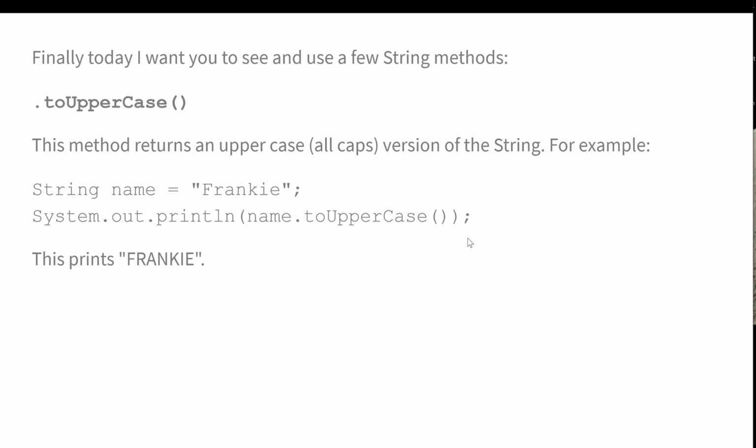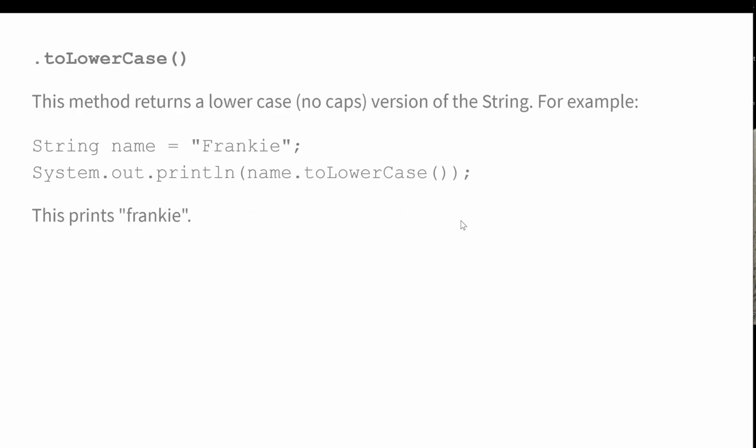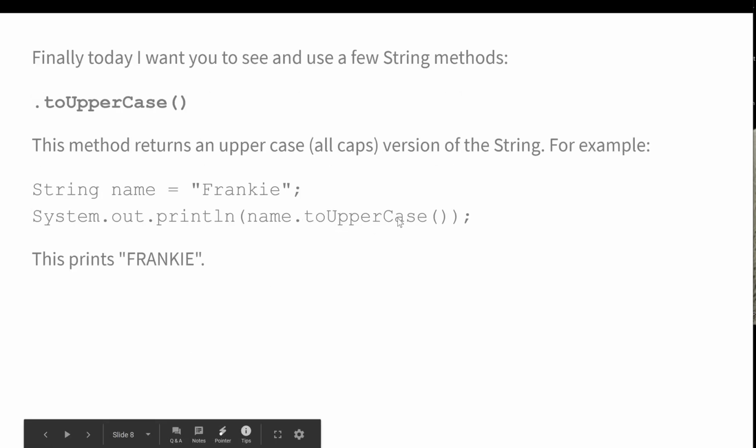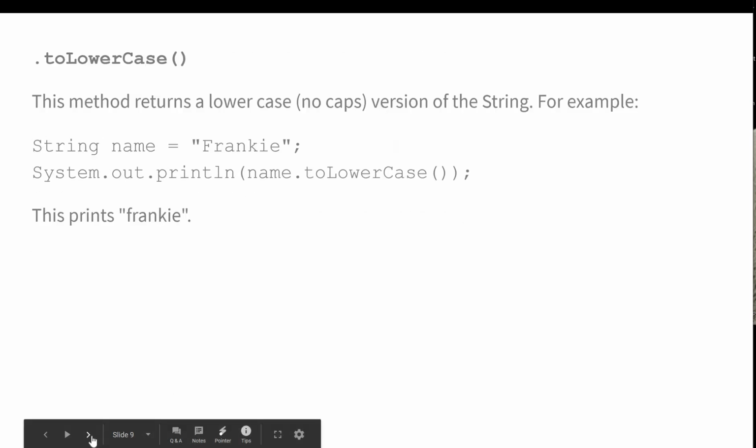That prints out Frankie, all caps. toLowerCase does the opposite. It gives you a lowercase version. Look at how these are spelled. It's toLowerCase where the L and the C are capitalized. And if I go back, toUpperCase, the U and the C are capitalized. That's a common mistake. People maybe don't notice that, but case matters.